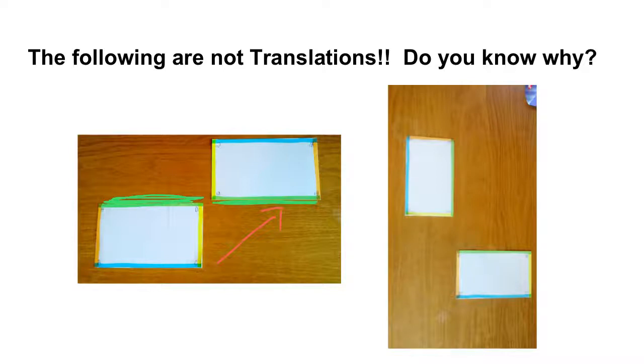Or the blue side went from the bottom to the top. So in this case, this is not simply a translation. It's not pure. It's actually a translation and a rotation. So be very, very careful. In my second example, obviously something has happened. Yes, it has moved. It has slid. But that is not the only thing. It is not a pure translation. It has slid and rotated.